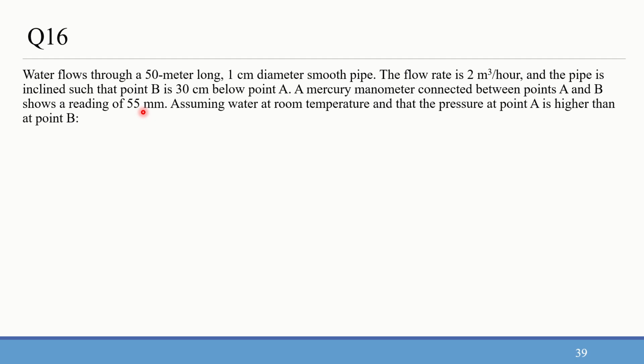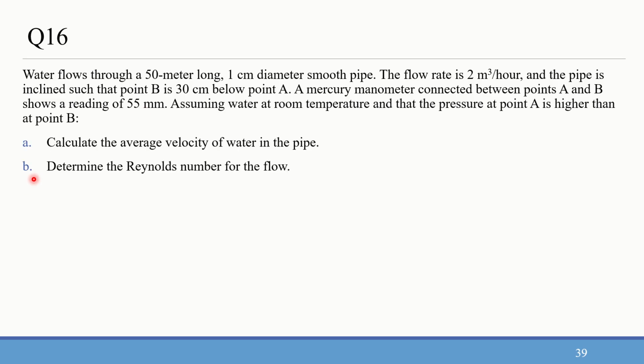So in this context, it will be flowing from A to B. If a question is asked regarding the flow direction, we need to give that. But let us see what is asked in the question first.